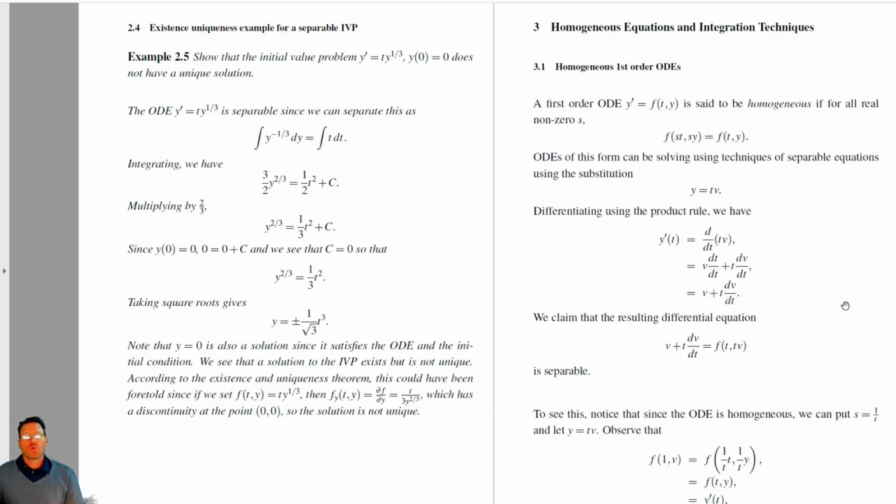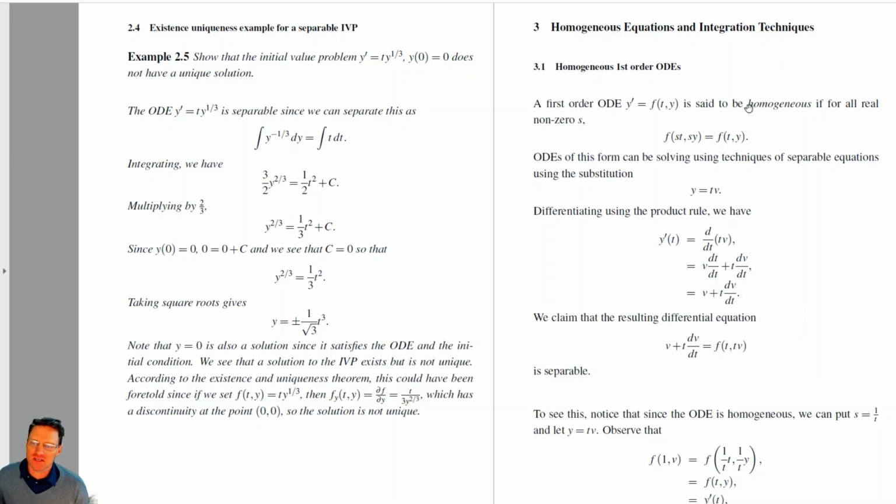So we claim now that the result is a separable ordinary differential equation in v and t. Let's have a look at why that might be. So far we've established that y dash is v plus t times v dash.